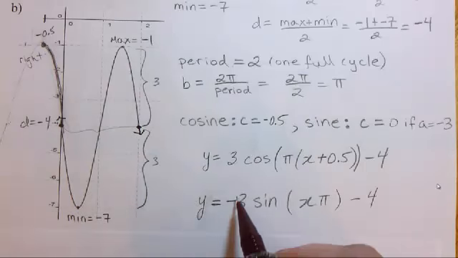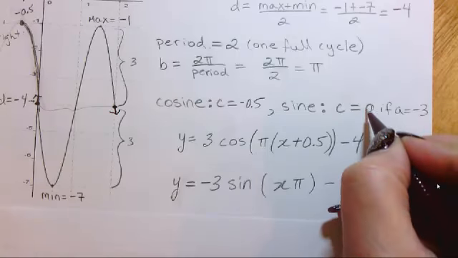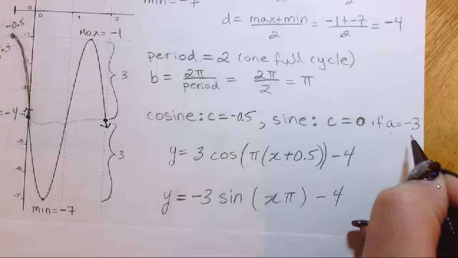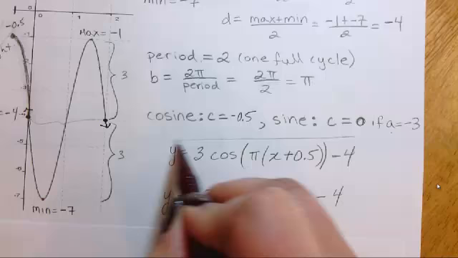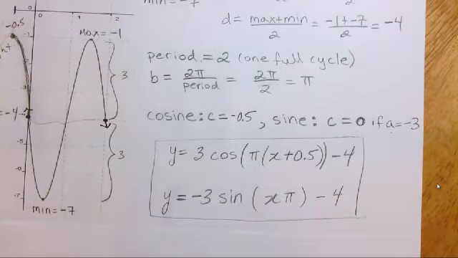So I accounted for that with a negative value. I said my shift is 0, but my A value, instead of +3, is now -3. And so here are my two equations that satisfy that graph.